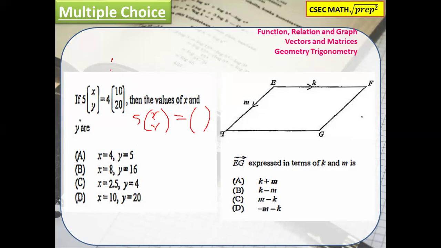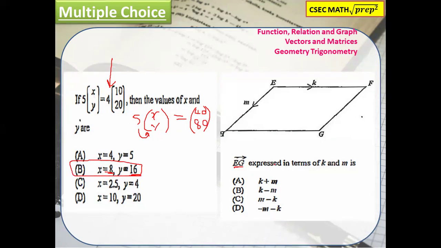So if we should expand this matrix, right? 4 multiplied by 10 is 40, and 4 multiplied by 20 is 80. So what we're really being asked here is 5 multiplied by what two numbers will give me 40 and 80. 5 times what gives you 40? That's 8. And 5 times what gives you 80? That's 16. The answer is simply B.